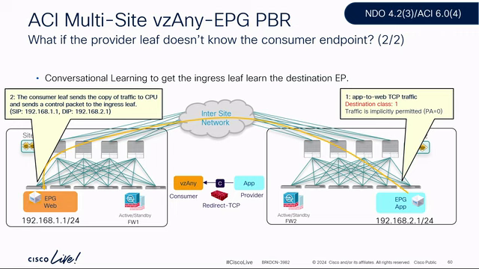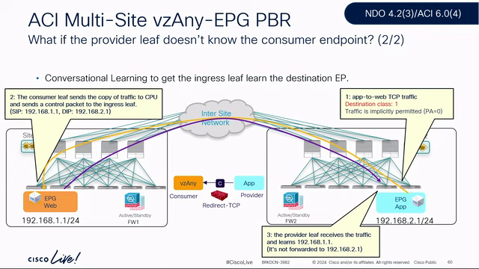So we flip the source and destination IP. The control packet has source IP 1.1, destination IP 2.1, which means the traffic is going back to the original source leaf. Then the source provider leaf can receive the traffic. That kicks off data plane IP learning. So after this initial conversational learning, the provider leaf can always apply policy on ingress.